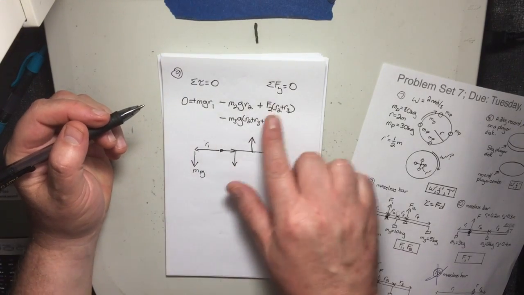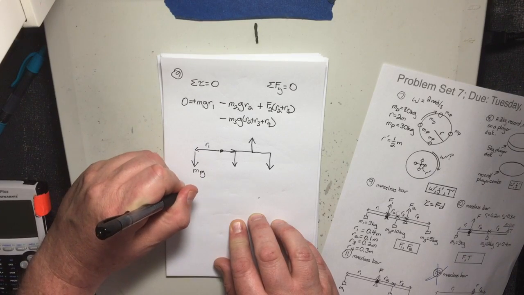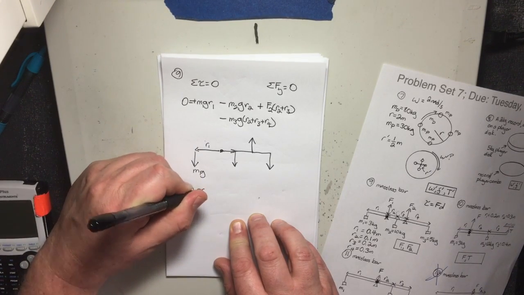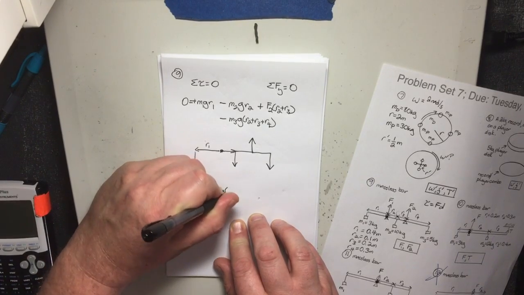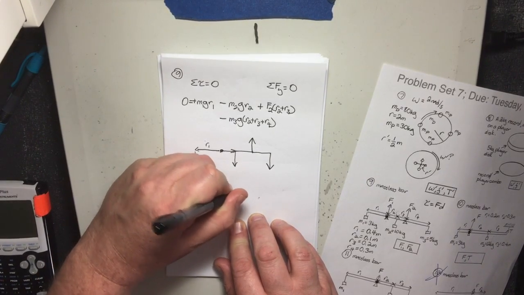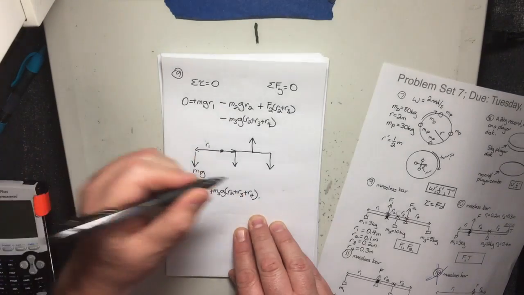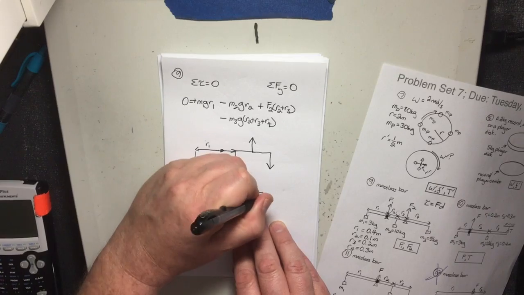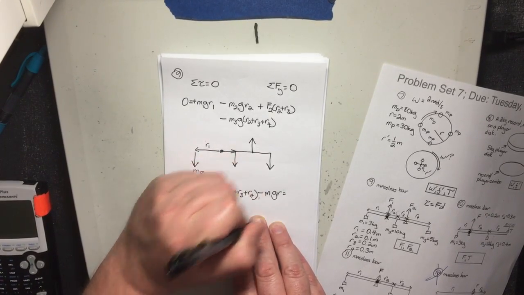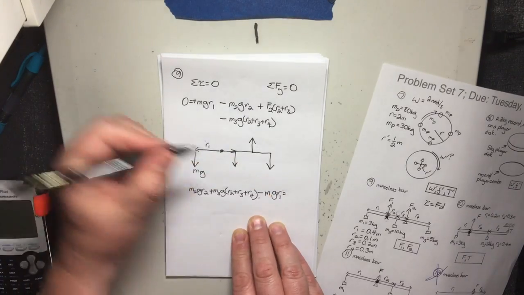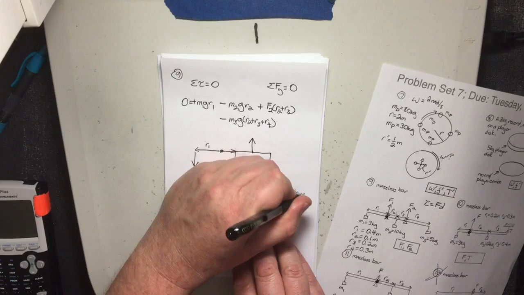The only unknown in this equation is F2. So M2G R2 plus M3G (R2 plus R3 plus R4) minus M1G R1 is equal to F2 (R2 plus R3).